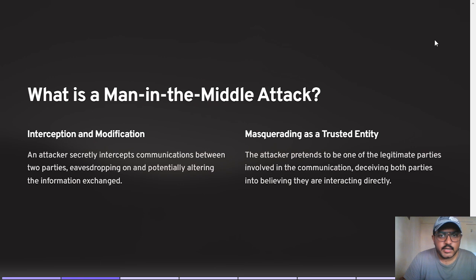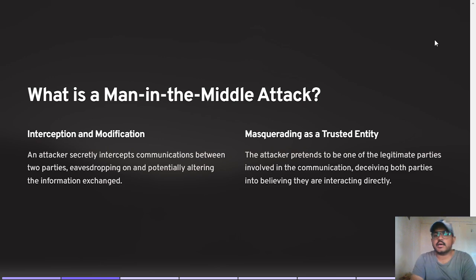What are man-in-the-middle attacks? It is an interruption and modification, where an attacker secretly interrupts the communication between two parties, potentially altering the information exchange.